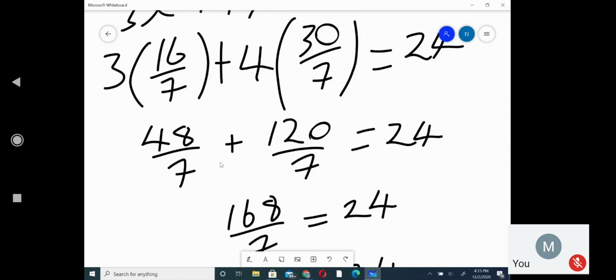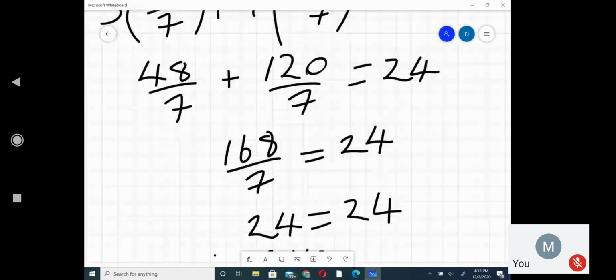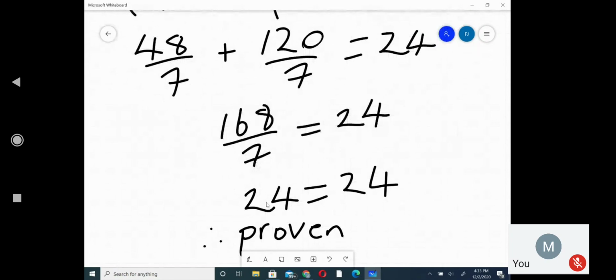Now, when we added both of them, we got 168 over 7. And then 168 divided by 7 equals 24. So since we actually derived the solution to the equation which was given, which is 24, we can say that our solutions to the equation are correct because we have proven that the equation is true given the solutions that we found.